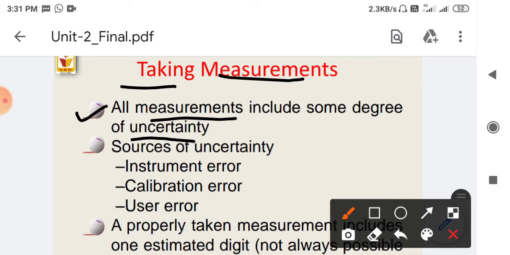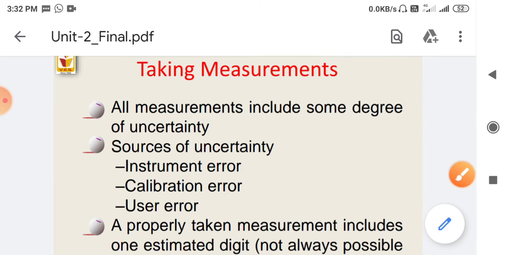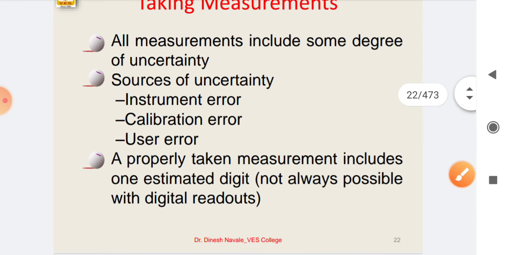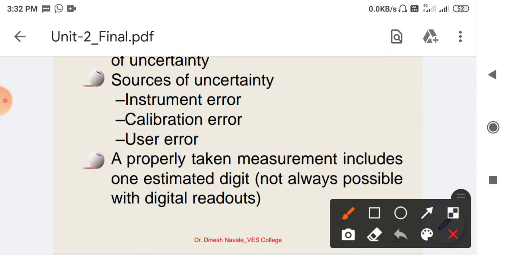So every measurement consists of certain error, and the sources of errors might be instrumental error, calibration error or user error. So there are these three types of error.